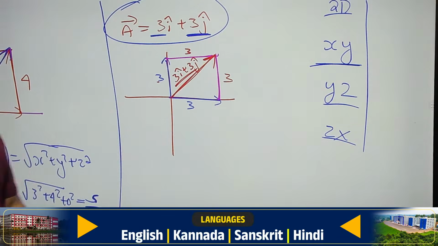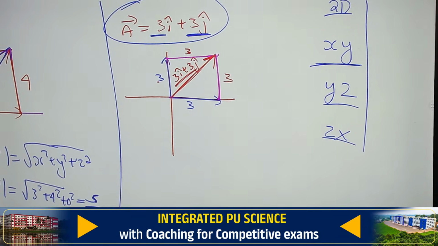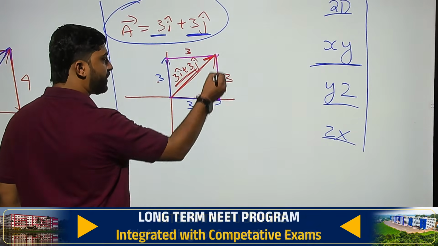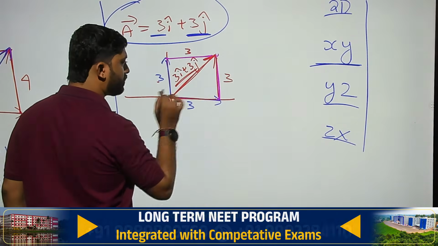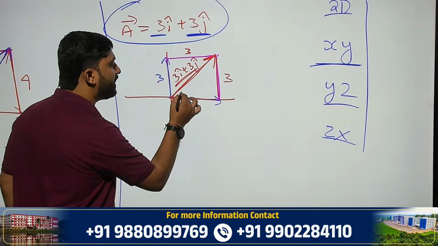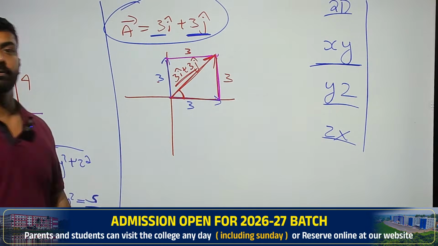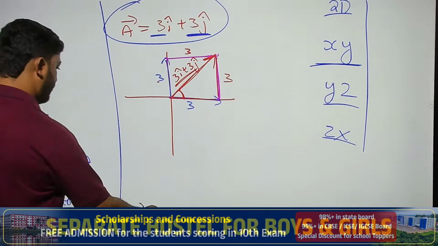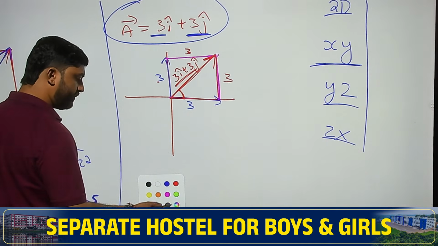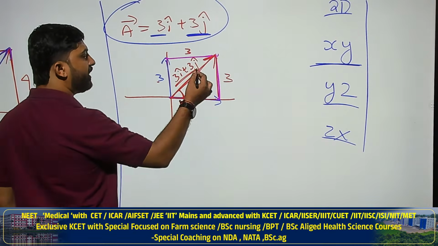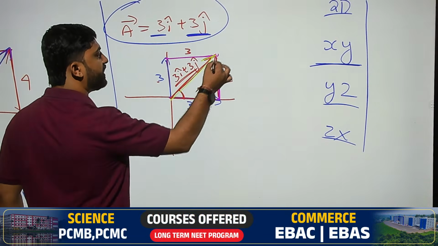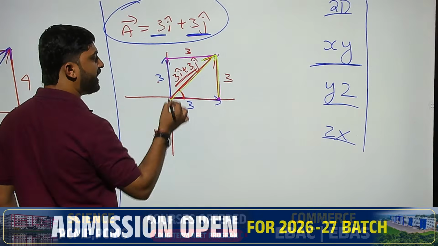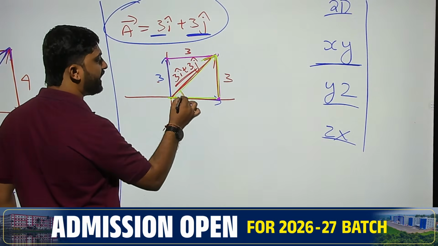Okay, now here, if this side is 3 and this side is also 3, can you tell me what is the angle here? You can see this is a triangle, right? We have a triangle here. You can clearly see we have a triangle. The opposite side is 3 and adjacent side is 3. What is the angle here?